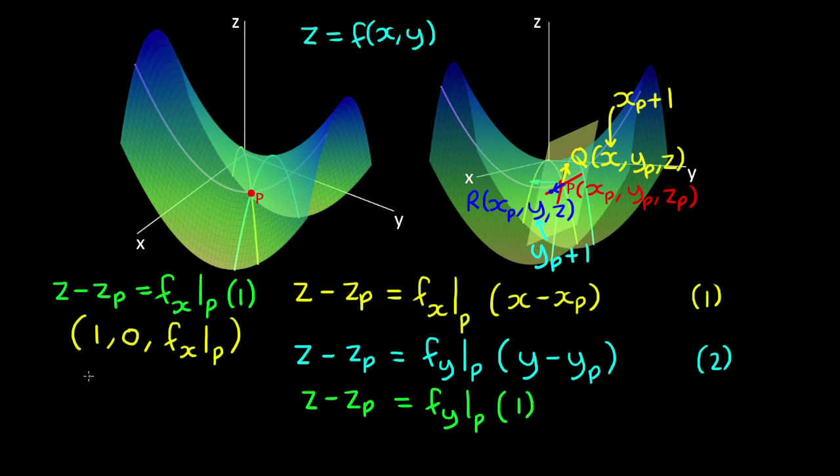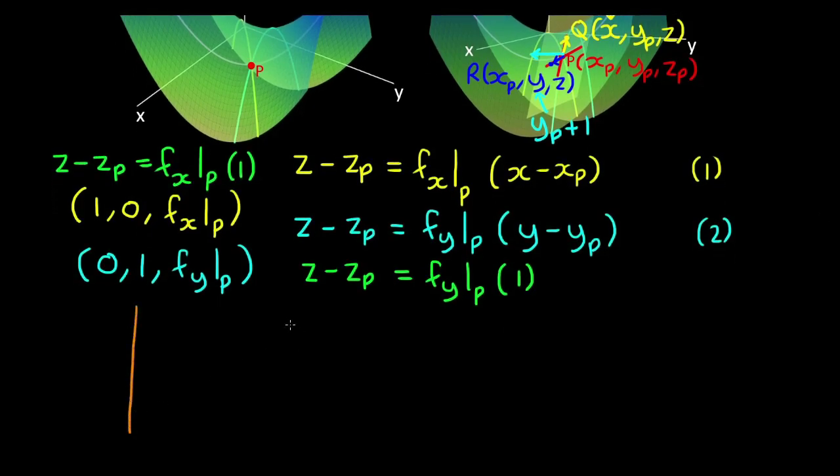So the tangent vector has components of 0 in the x direction, 1 in the y direction, and the partial of f with respect to y, evaluated at P in the z direction. And therefore to find the normal to the tangent plane, we take the cross product between these two vectors.